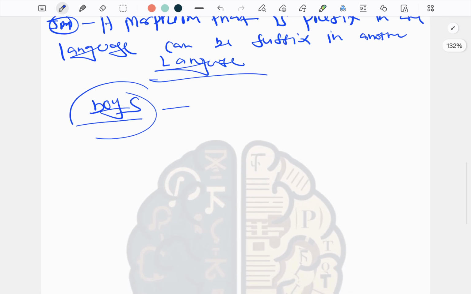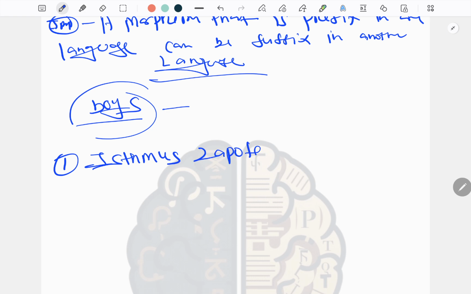One important example is Isthmus Zapotec, which is especially spoken in Mexico.